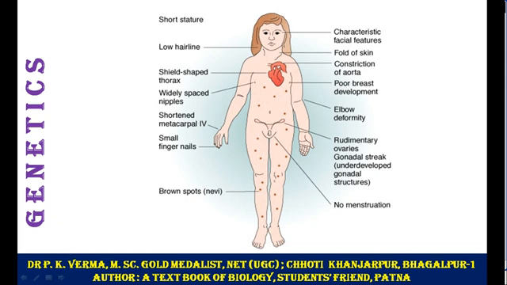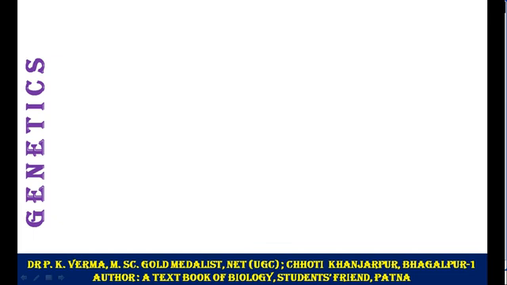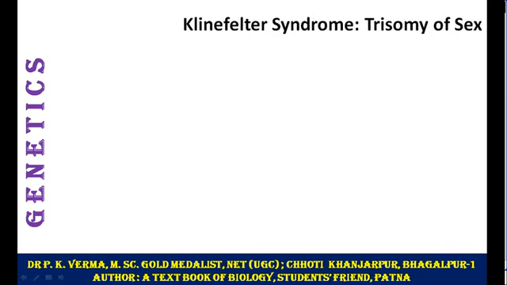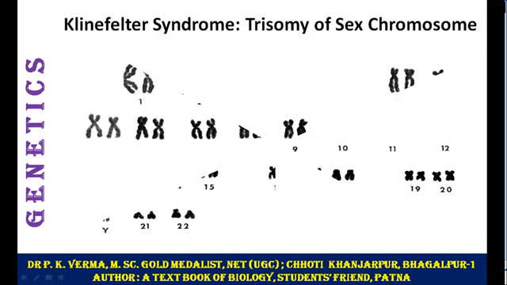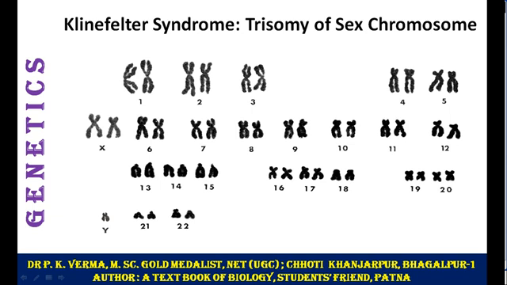The neck is webbed, widely spaced nipples, shortened metacarpals, small fingernails. The most important thing is that in case of Turner syndrome, the woman is mentally retarded along with complete sterility. Now in case of Klinefelter syndrome, there are 2 X chromosomes, but in addition to 2 X chromosomes, there is also a Y chromosome.